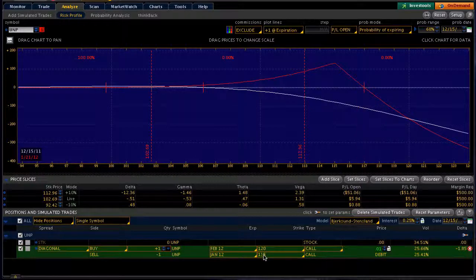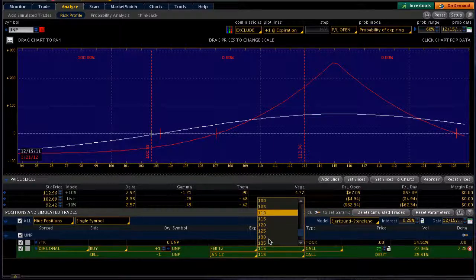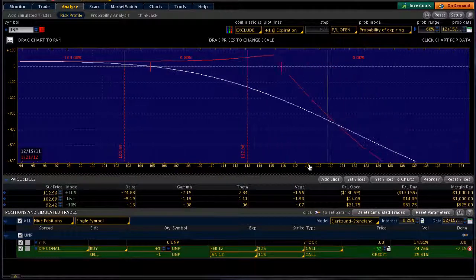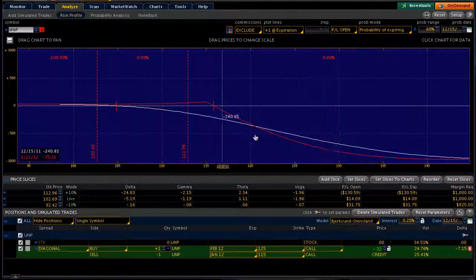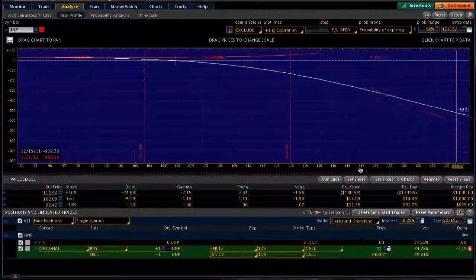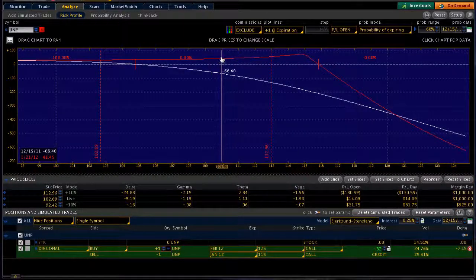Now, if you're willing to go up even a little bit more, up to, let's say, 125, of course your risk is higher. Now it's $968. Your risk is higher. If we close around 110, your profit would be around $41.